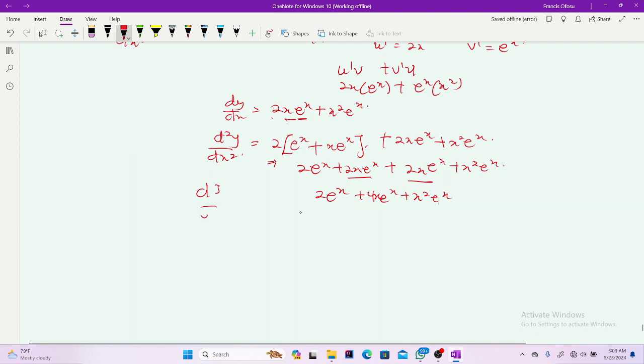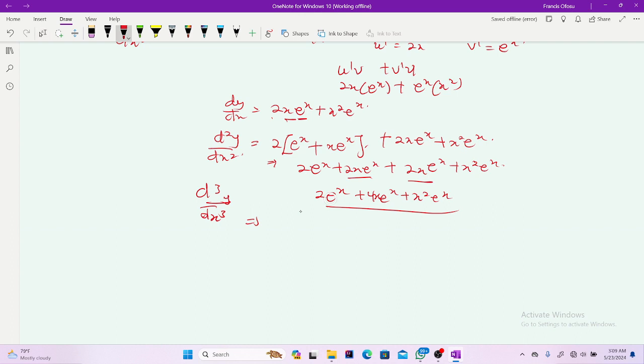The d cubed y over dx cubed, what would that be? I'll also take this and do that. So here is just a single function, so I get 2e to the power x, the same thing. When I come here, I'm having 4x e to the power x. Take 4 out. Then here you differentiate x, I'll get 1 times e to the power x, plus I'll differentiate this, I'll get e to the power x.